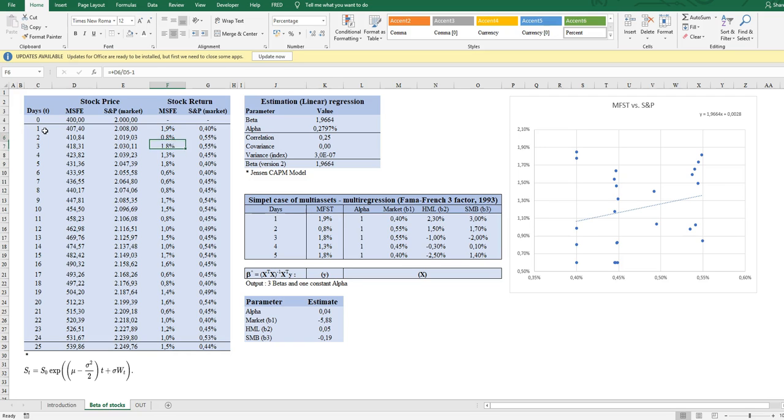So here the first period's return is 1.9 on Microsoft, and on S&P somewhat less, 0.40. So these are the core data series that we need to build a one-factor model.